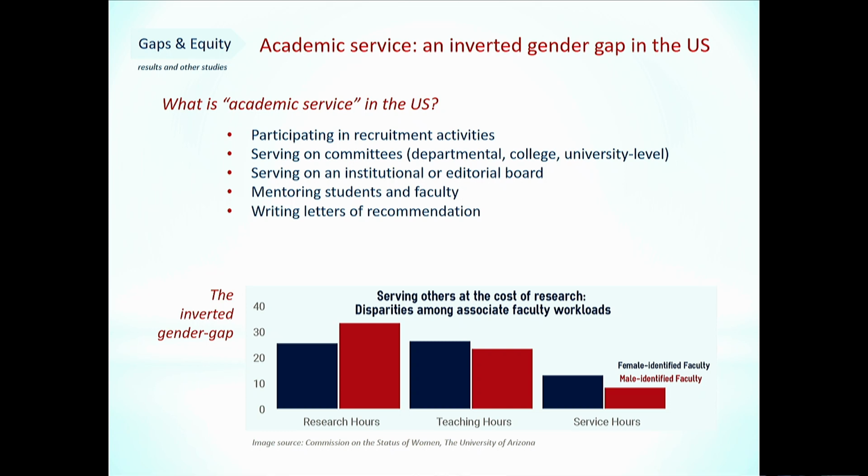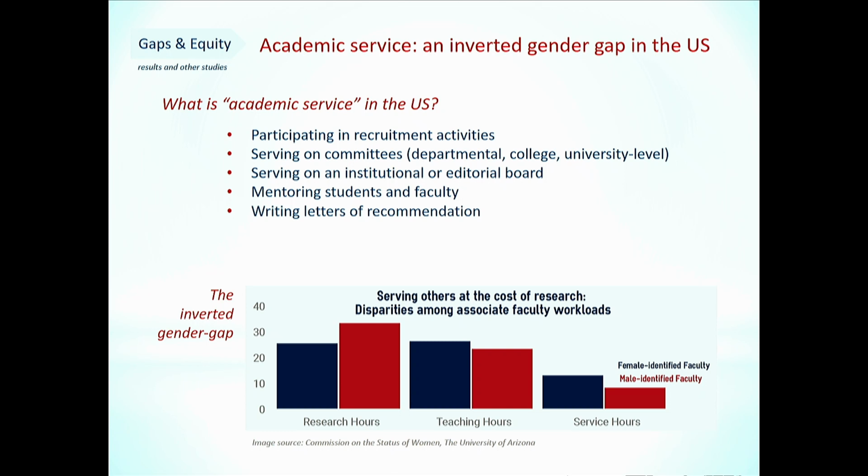So these are people that have tenure but are not full professors. And we have a breakdown on research, teaching, and service hours, each of the blocks. The females are in blue, and the males are in red, okay? So we can see that males spend more time on research hours and teaching hours.